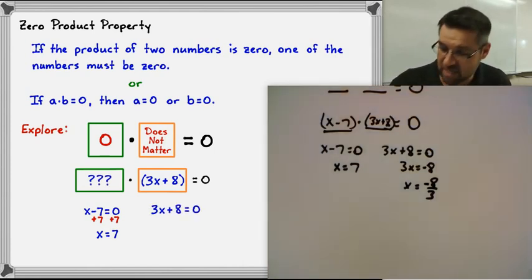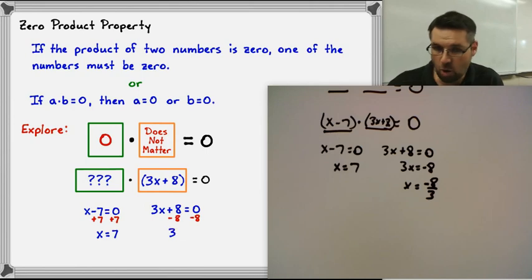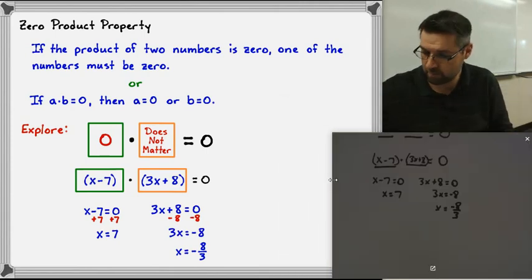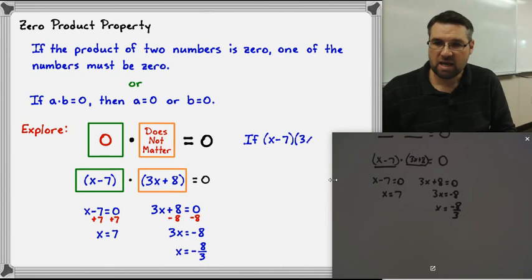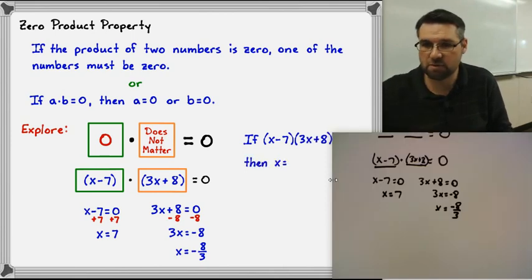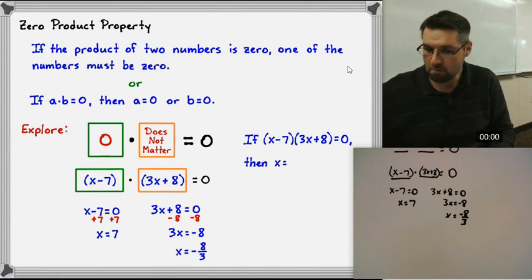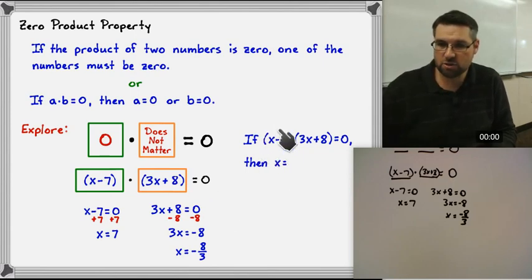Now, if I put those together into one complete statement, it would look something like this. Let me minimize this a little bit so we can see it. If x minus 7 times 3x plus 8 equals 0, right? So we are multiplying this term times this term, and we're getting 0.